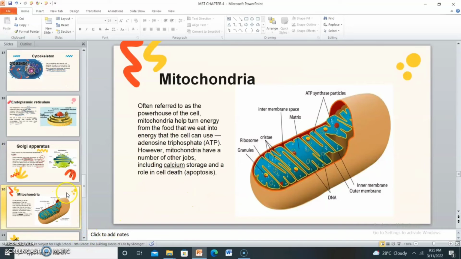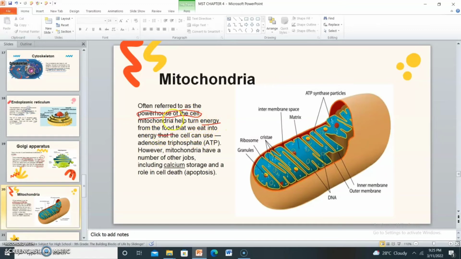The next one is mitochondria. The mitochondria is often referred to as the powerhouse of the cell. Mitochondria helps to turn energy from food.